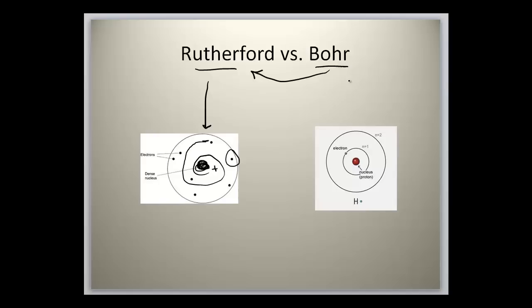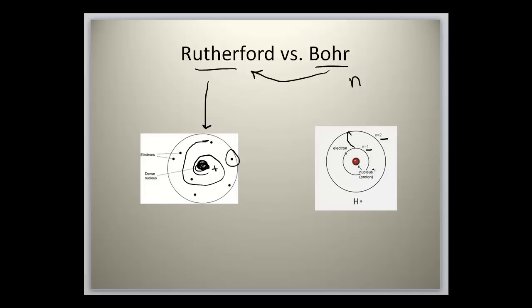The designation for the energy level is n. So you can see n is equal to 1, n is equal to 2. And these electrons are confined to those energy levels unless you put some energy into them to make them jump to a new energy level.